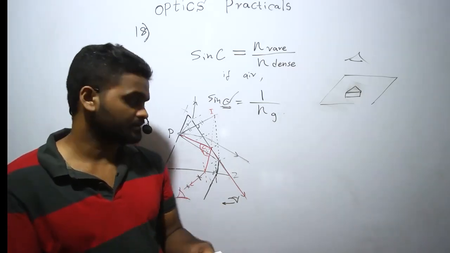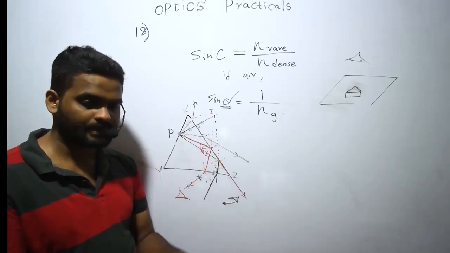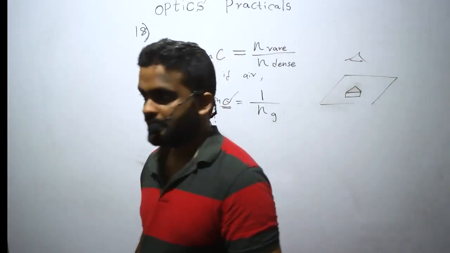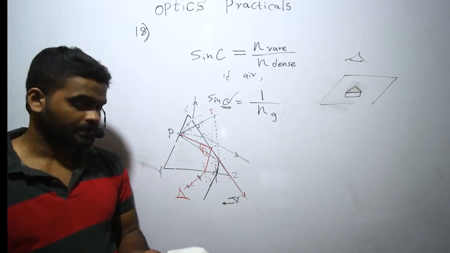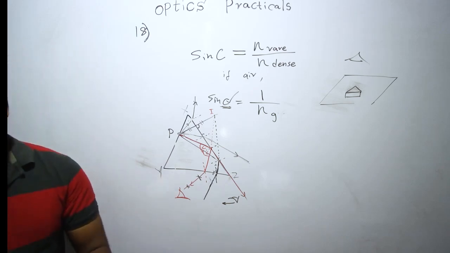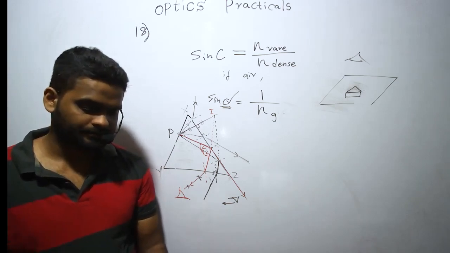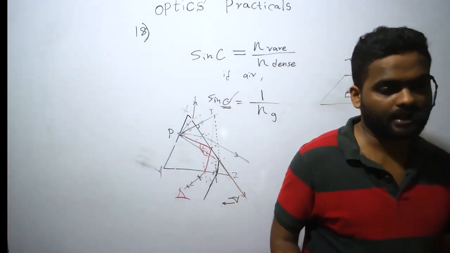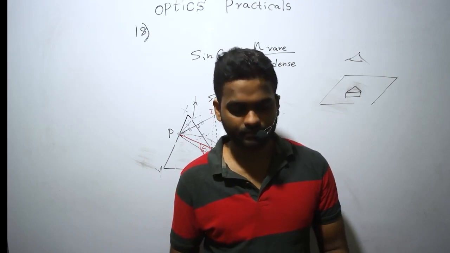Move the eye from Z, looking at the XZ side, until the image of the pin, capital P, disappears. And place P1 and P2 in line with that.